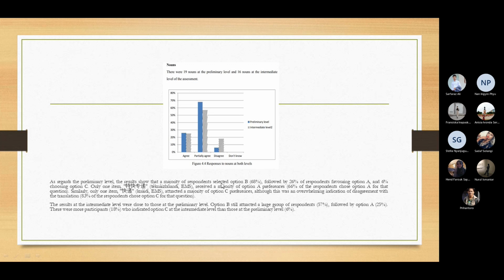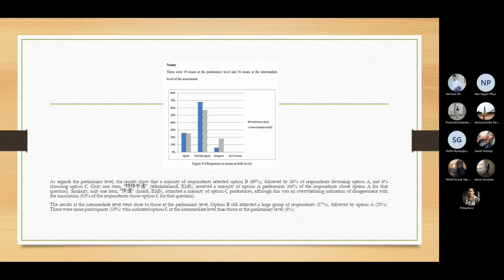Primary level, we can see that 60% of the respondents selected option B. 60% were in the figure, followed by 26% of respondents who favored option A, and 6% choosing C. So this is just a detailed description of how the respondents selected and what their result was.